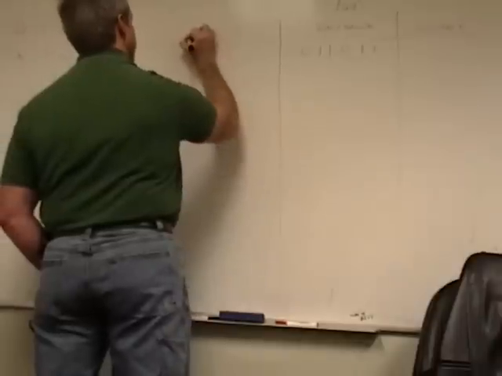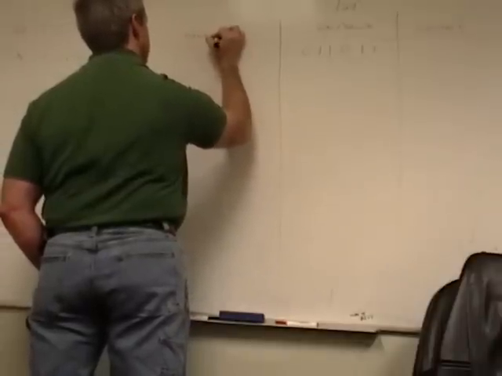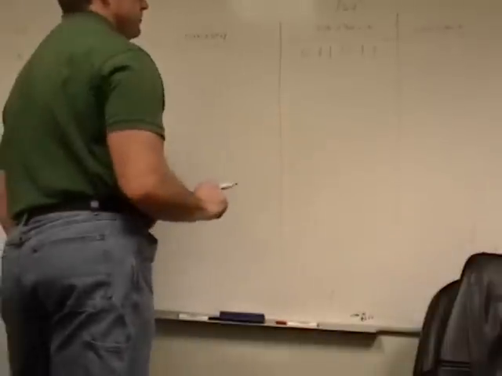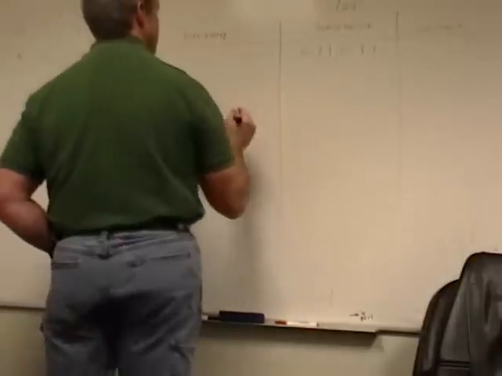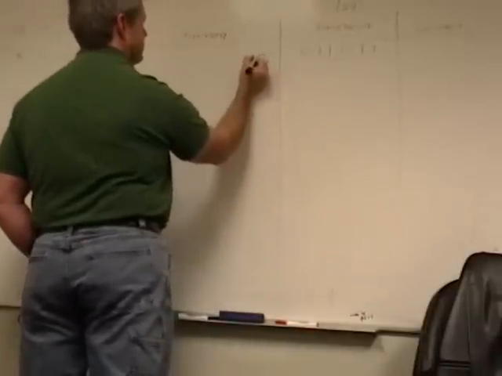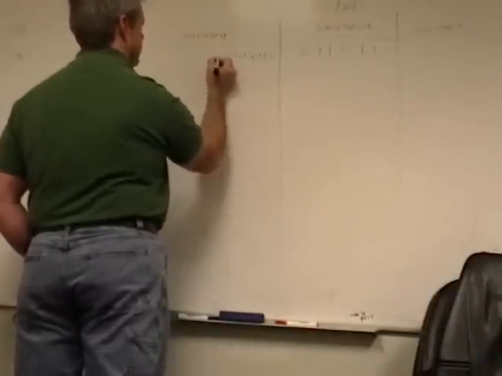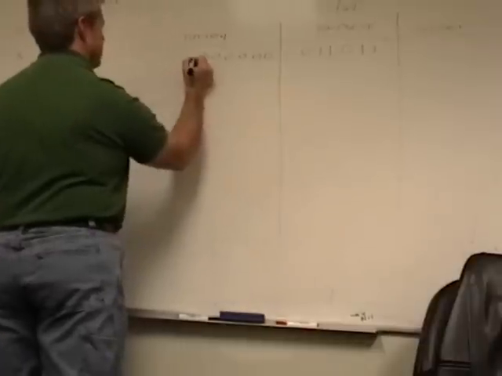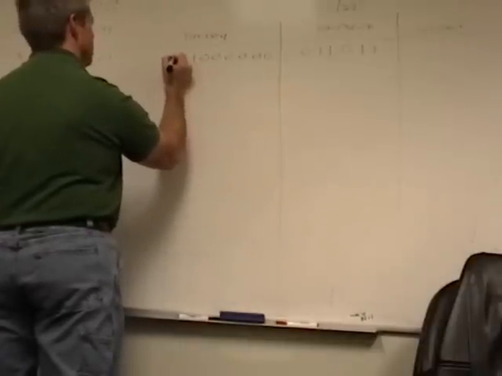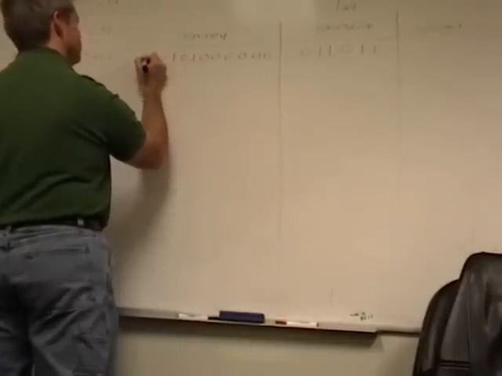And I'm going to put my divisor over here. And I'm going to do something a little different. How many bits is this? 1, 2, 3, 4, 5. It's a 5-bit number. So I'm going to put in 5 zeros, and now I'm going to put my divisor. 1, 0, 1, 0, 0, 0.